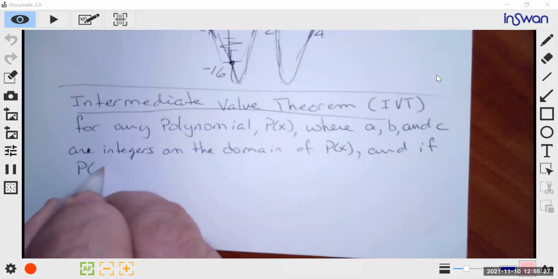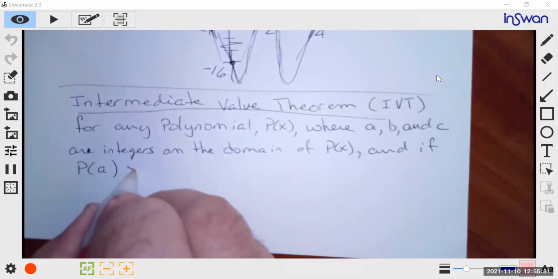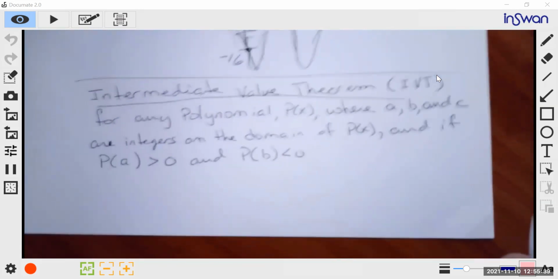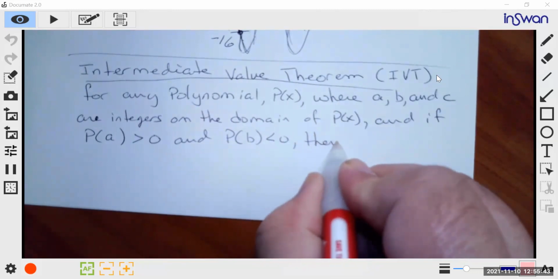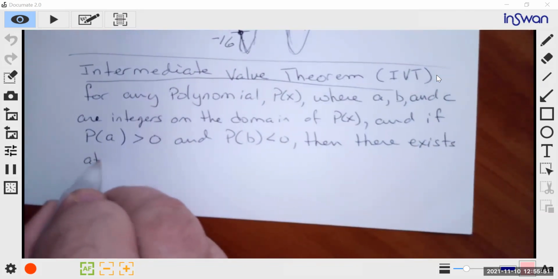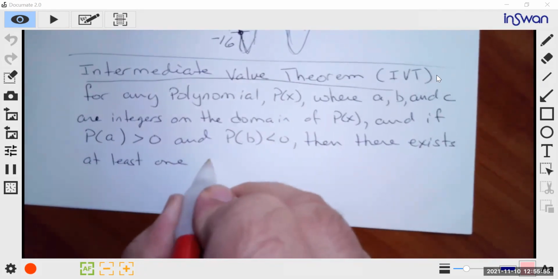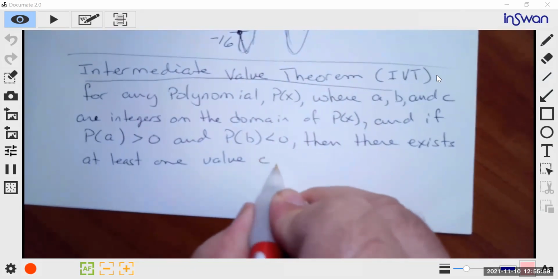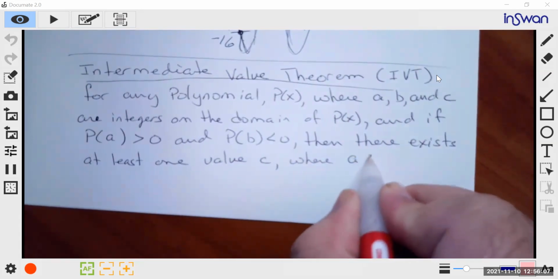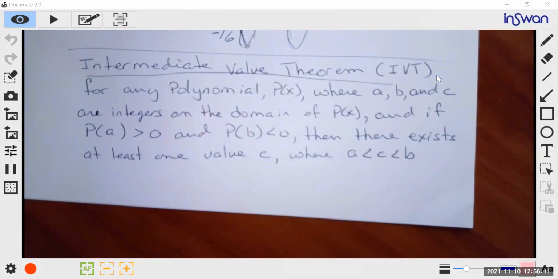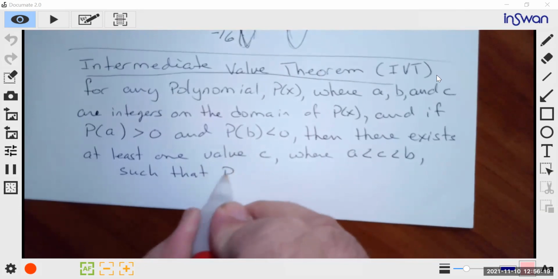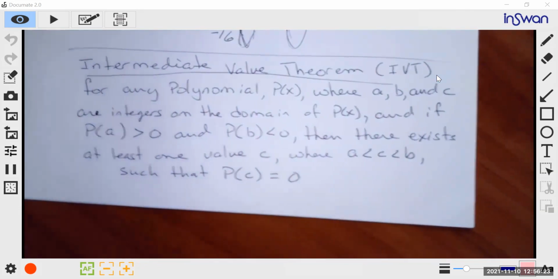If P at the value A, let's say, is positive, and P at the value B is negative, then there exists at least one value C where C is between A and B, such that the value at that point is 0.